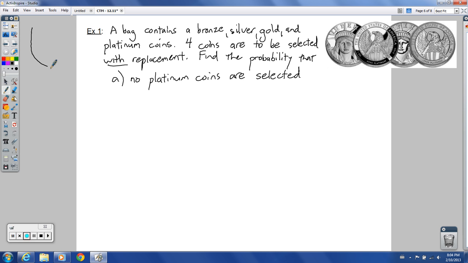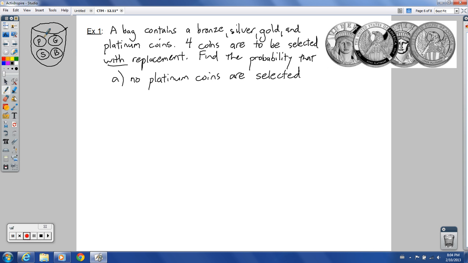So let's draw a little bag up here. You can draw your bag, I guess, however you want to. But we're going to have in here 4 different coins. One's platinum, P for platinum, G for gold, S for silver, and B for bronze. I'll refer back to that just to help us think about this.